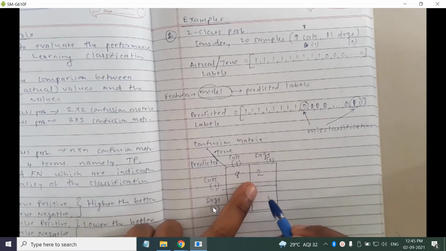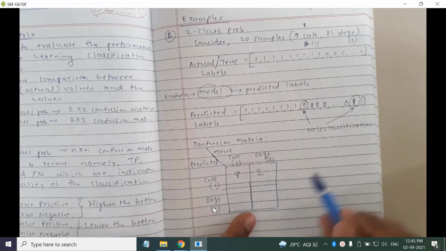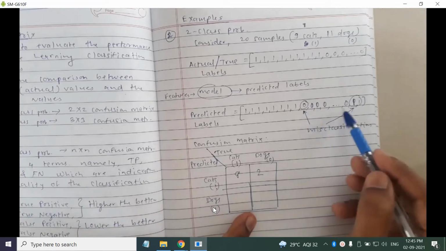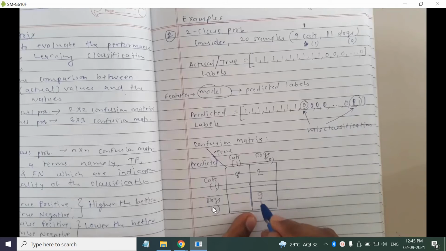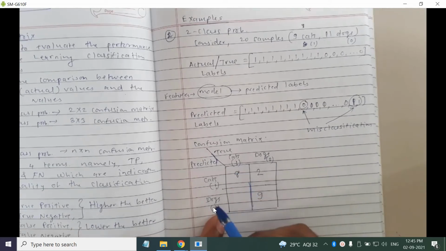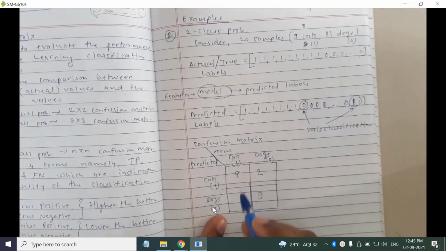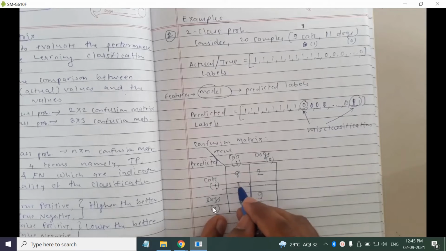Now the true label is dog and our model is saying dog. This is happening for 9 samples, right? Yes. And the true label is cat and our model is saying dog. This is happening for 1 sample. Yes.